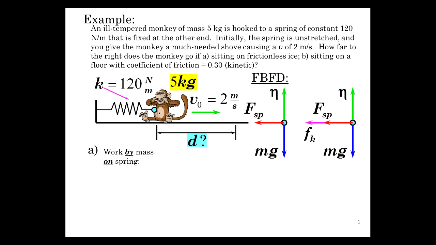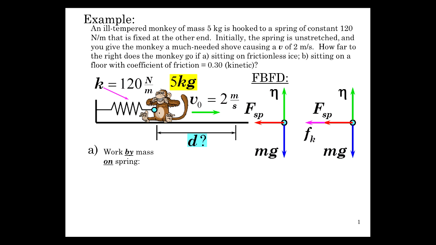So consider very carefully here the work by mass on spring versus work by spring on mass. So the work by mass on the spring: this monkey is given a shove. It does work on this spring. Keep in mind that the mass is pulling on the spring to the right and it's moving to the right while the spring pulls backward.